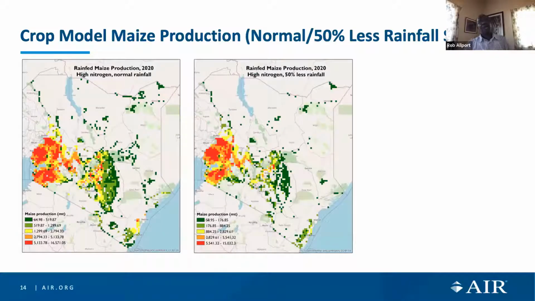So our crop model, after doing that, we have set the way Ahmad said that you can learn even what-if scenarios. So we have set to run the crop model on what we call normal.